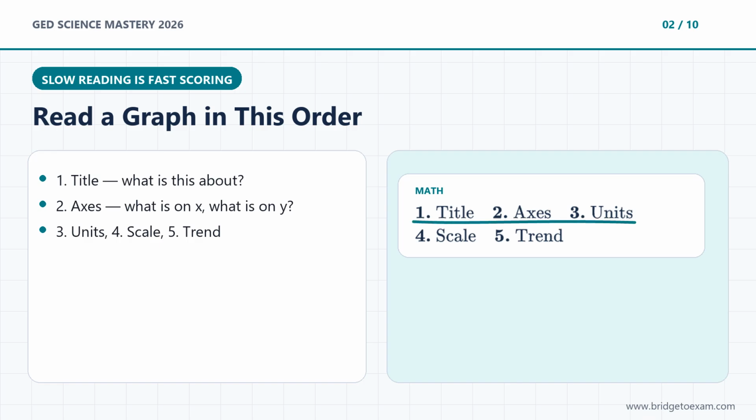Units keep your answer honest. Fourth, the scale. How big is each step? And does the axis start at 0? And fifth, the trend. Is the line going up, down, flat, or curving? Only after those 5 steps do you look at the answer choices. Slow reading here is fast scoring.